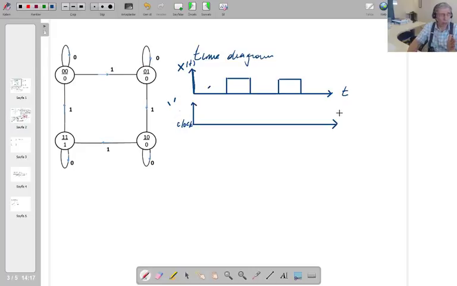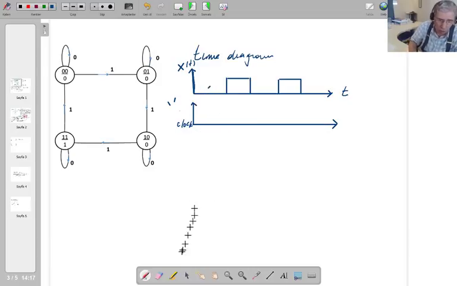Why do I need that? Because if there is no clock pulse for an input, that means this input is not accepted by the circuit. As you know, the clock pulse means my memory elements work. If there is no clock pulse at all, this input is not accepted by the circuit. Therefore, I have got to put a clock pulse for each input.